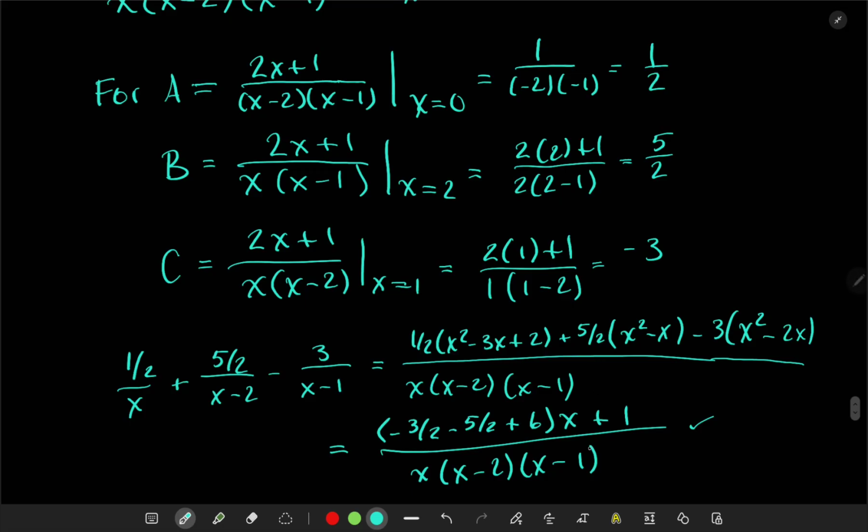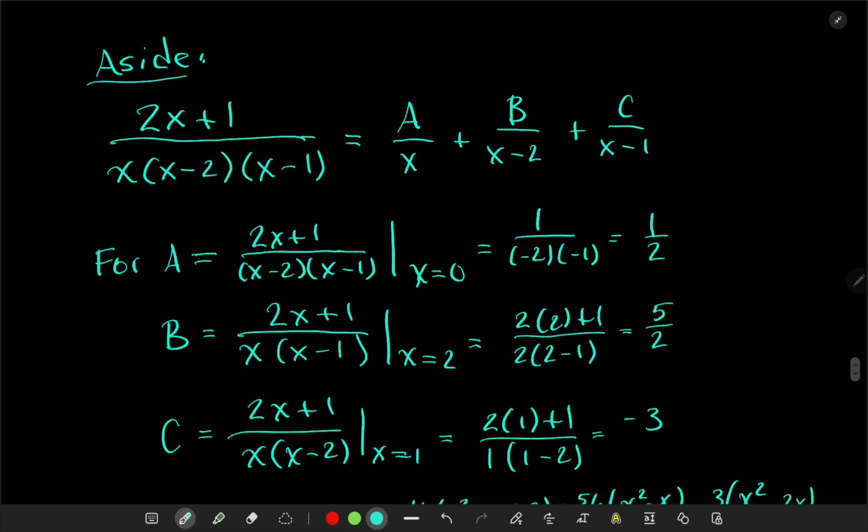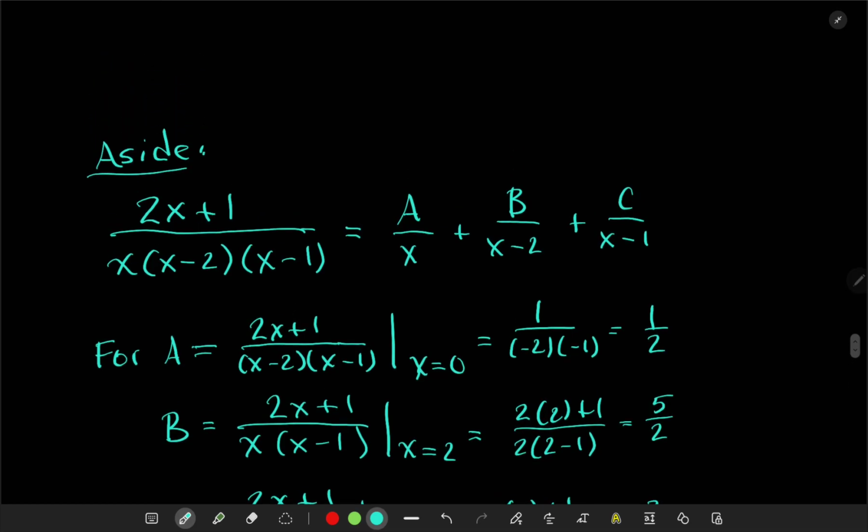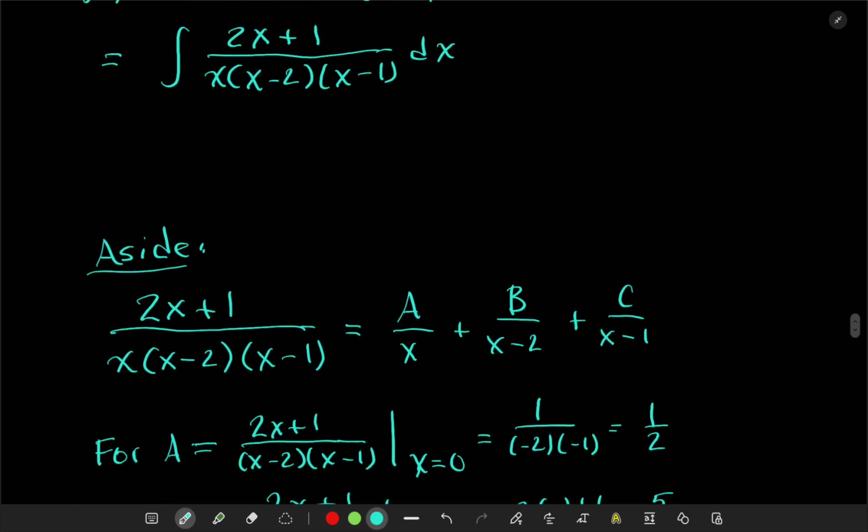Of course, if your calculator has the capabilities, you may want to do this calculation in the calculator to verify. Alright, so once you have that, we can plug it back in. So we get the integral of 1/2, or 1 over 2x, if you will.